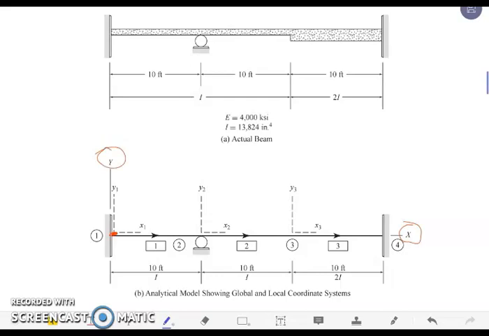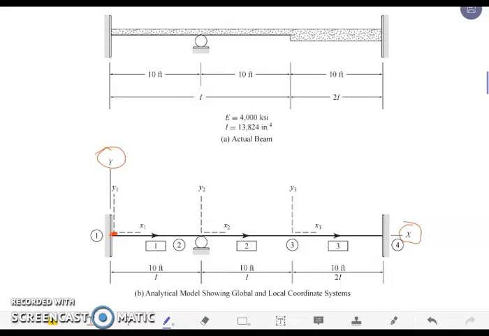Now we are going to identify our member coordinate system, or the local coordinate system. Based on our previous discussion for the plane truss, we're able to identify our member coordinate system. The local coordinate system is also known as the member coordinate system because we identify the coordinate system per member. So we have member 1, member 2, and member 3.